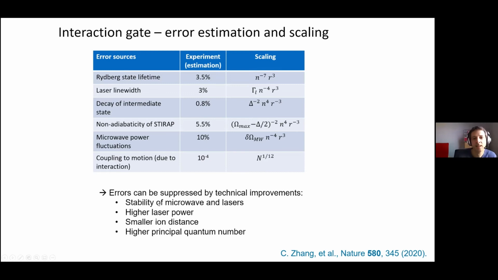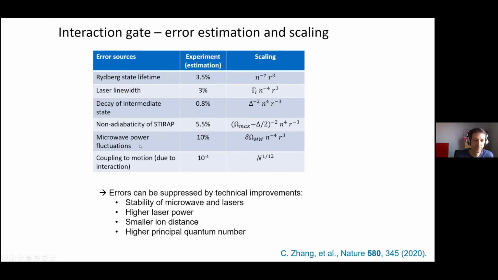On the other hand, there are quite a lot of technical errors: laser linewidth, non-adiabaticity of the pulse, and microwave power fluctuations. These can be avoided by making the lasers better and by increasing the power of the Rydberg excitation, so going to a higher Rabi frequency, which can be done by just focusing our lasers better. By that, we get a higher Rabi frequency and suppress the non-adiabaticity quite a lot.